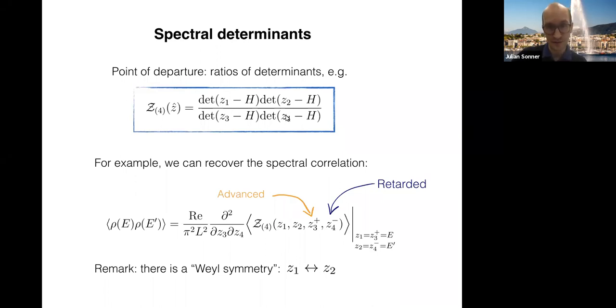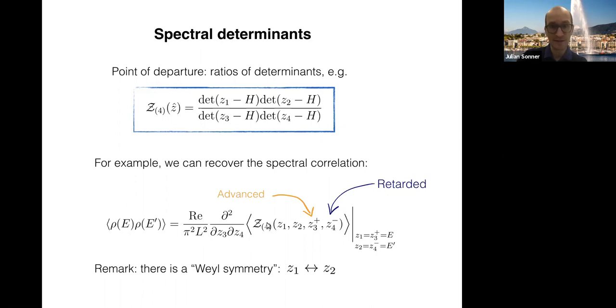I'm going to look at complex analytically continued versions of this Z. You could imagine having ratios of more than 4 determinants, 8 and so on, but let's focus on this one, because this is the one that allows me, by a simple differentiation, to get precisely the spectral 2-point function.